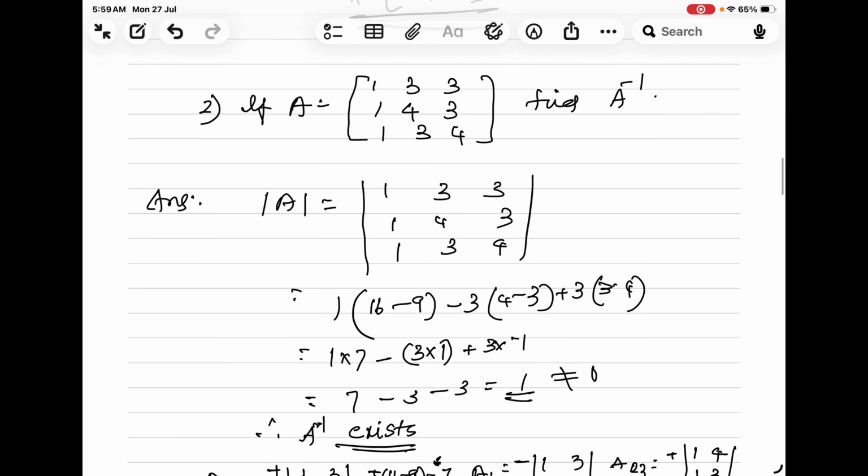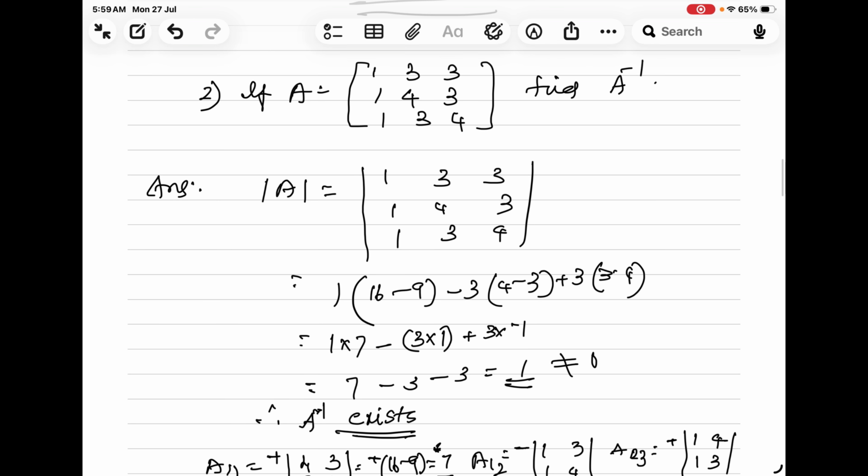The next question is a 3 by 3 matrix. If A equals matrix 1, 3, 3, 1, 4, 3, 1, 3, 4, find A inverse. So determinant A is equal to determinant 1, 3, 3, 1, 4, 3, 1, 3, 4.